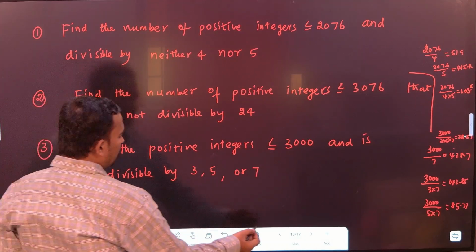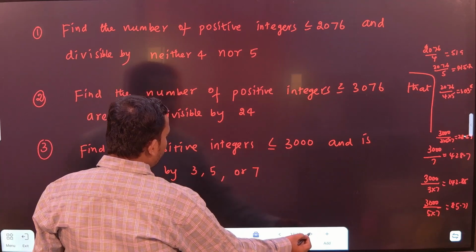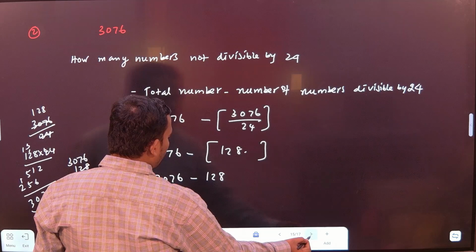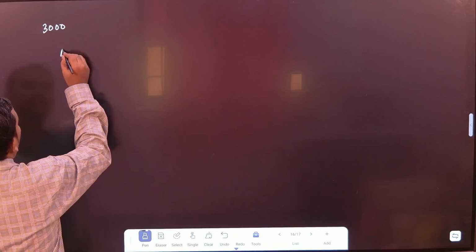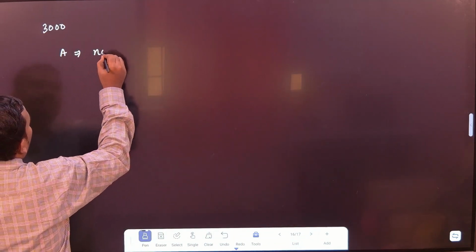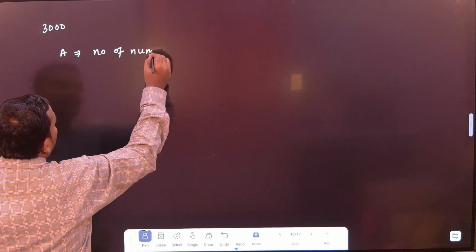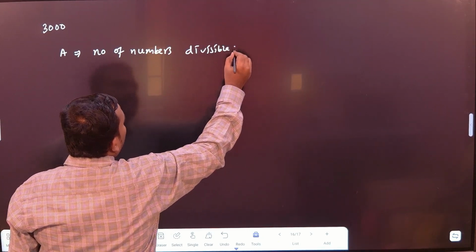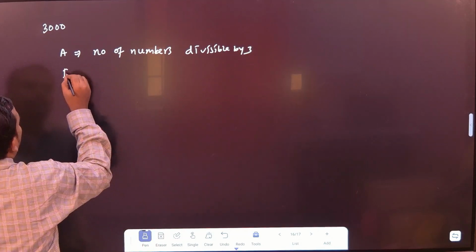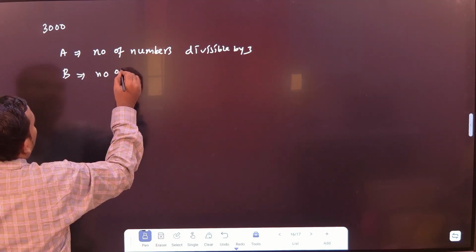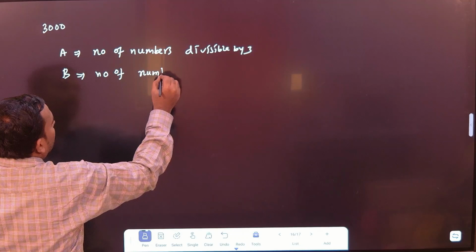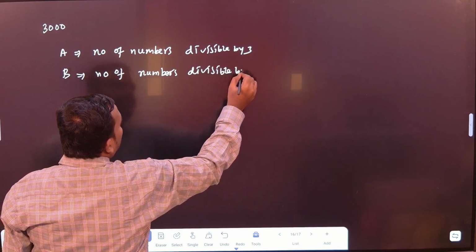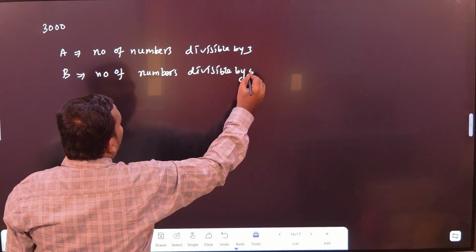So let us take A as the number of numbers divisible by 3. B, you can take the number of numbers divisible by 5.